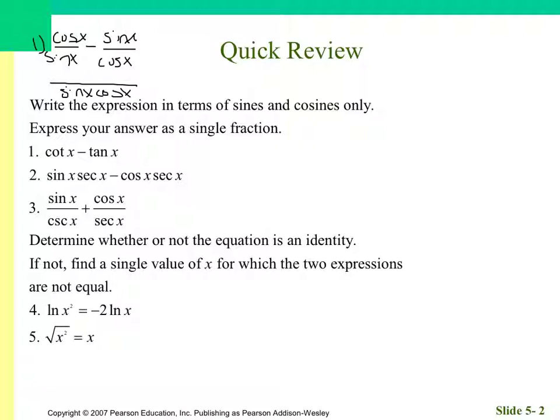So this one we'd have to multiply by cosine over cosine, so you'd get cosine squared x, because cosine times cosine is cosine squared. Cosine times sine is sine cosine. Minus, this one's missing the sine x from the bottom, so sine x times sine x, sine squared x. So there we go. There's number 1.